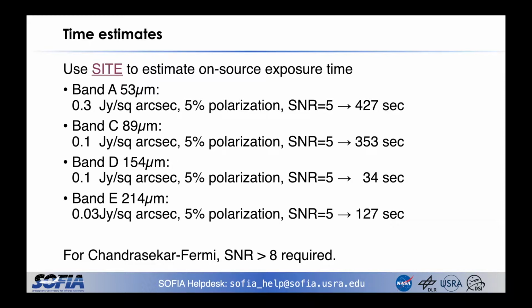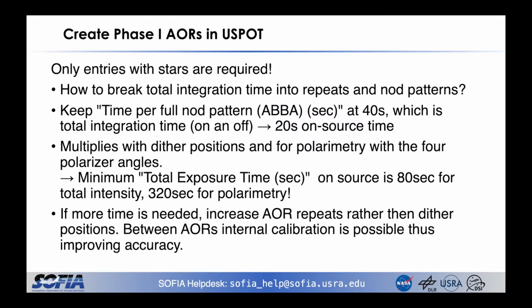You need at least a signal-to-noise of 8 to employ the Chandrasekhar-Fermi method. So in your feasibility section, explain clearly also your requirements for signal-to-noise for the flux estimates.